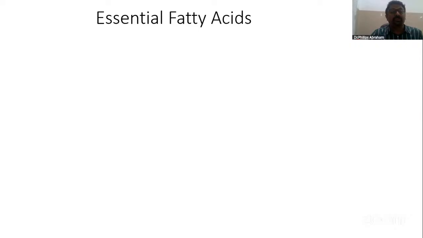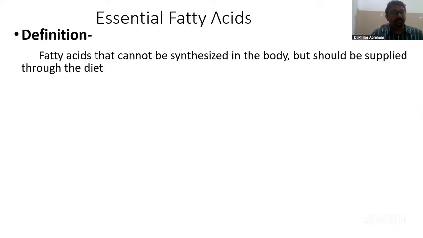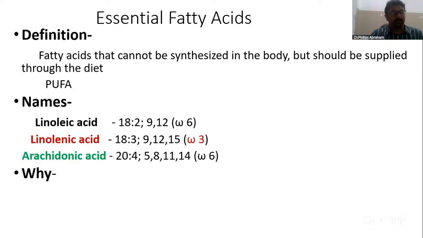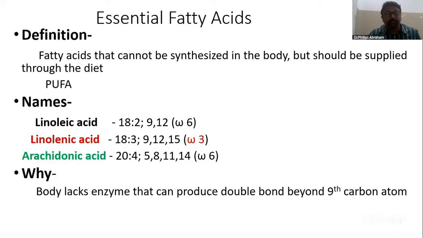Since we know that it should be supplied in the diet and is not made inside the body, they are PUFA, polyunsaturated fatty acids. Arachidonic acid is also called a semi-essential fatty acid. Why is it essential? Because our body doesn't have an enzyme that can make a double bond beyond the 9th carbon atom.